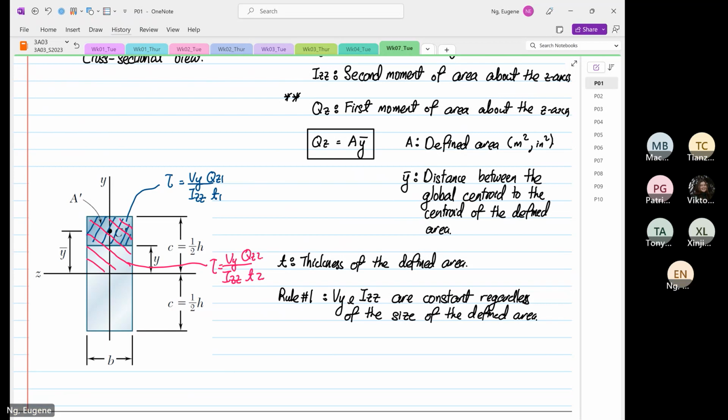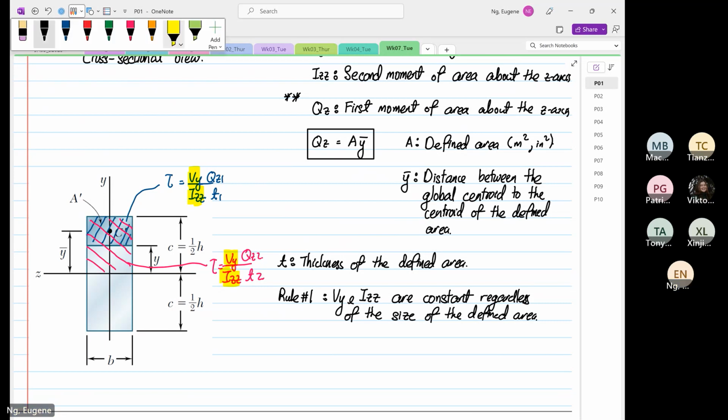So regardless of the size of the defined area, and this is very important, the Vy and Izz are constant. Are we clear? Okay, so that is rule number 1.